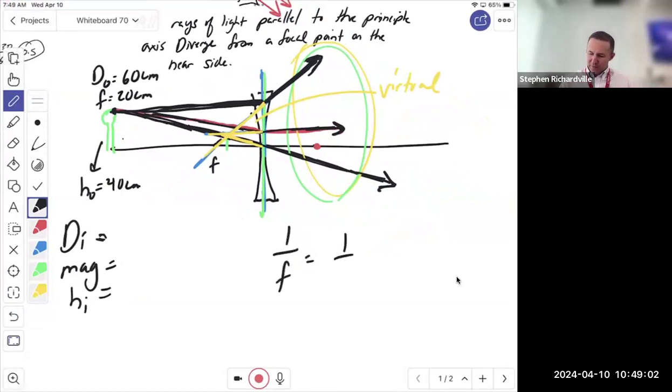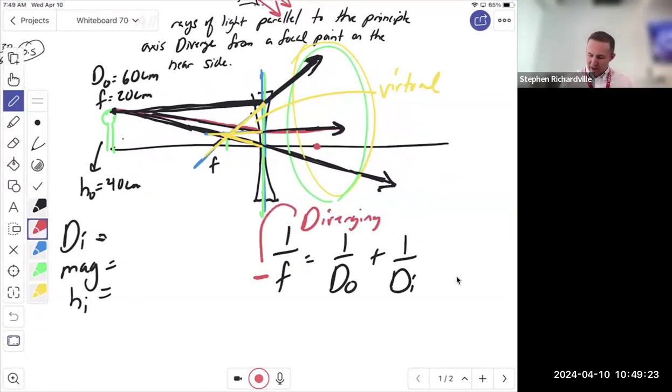When you're doing diverging, one thing changes. Since we're using the focal on the near side of the lens, not the far side, we're using a different focal. That focal is on the negative side. It's on the near side of the lens. You'll have to remember for diverging lenses, when you do the math, to get it right, that focal has to be negative in your equation.